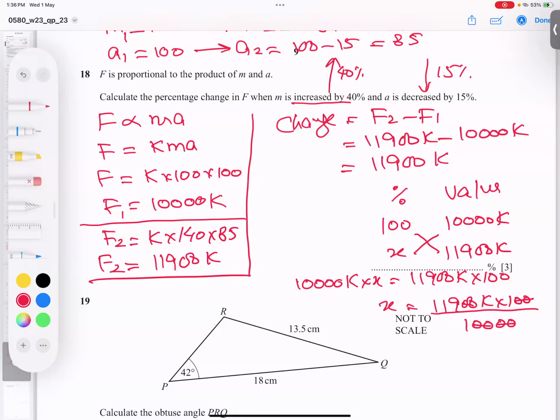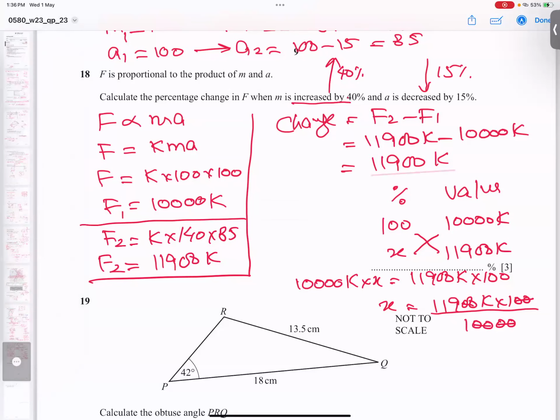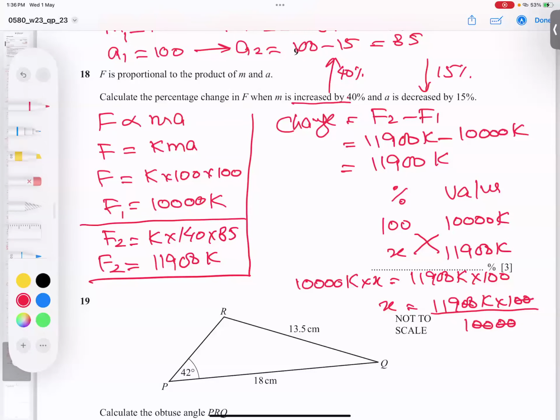Wait. So if I check it, 11900 minus 10,000. Yeah, here is 1900. Sorry, this is 1900, students. This is not 00. This is 119019.